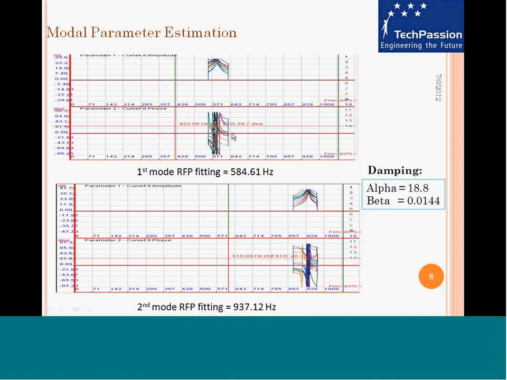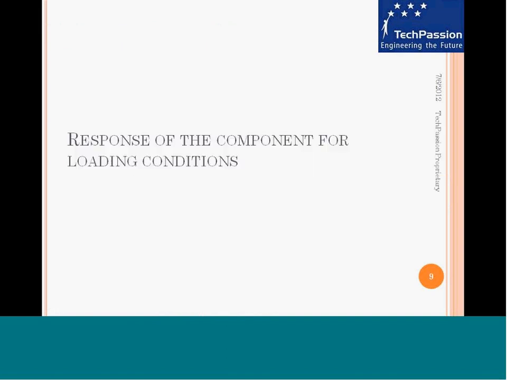So using the curve fitters, we estimate the damping, and the model that we use for damping for this component is this 2-parameter or alpha-beta model. So alpha works out to be 18.8, and beta is 0.0144.